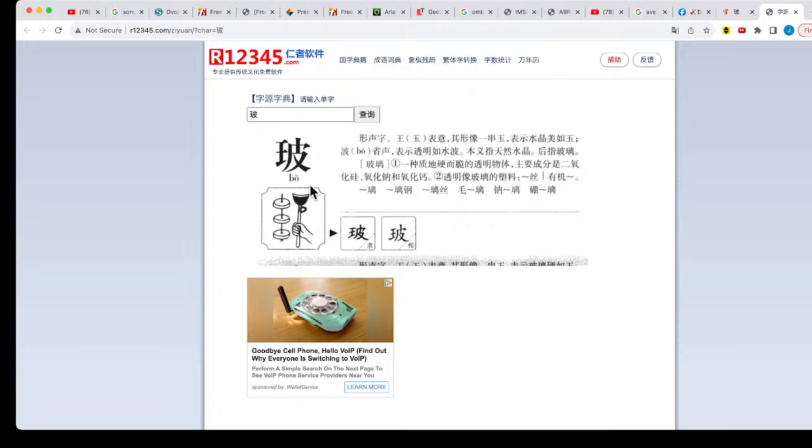And then on the right hand side is the 波. So this is referring to glass.